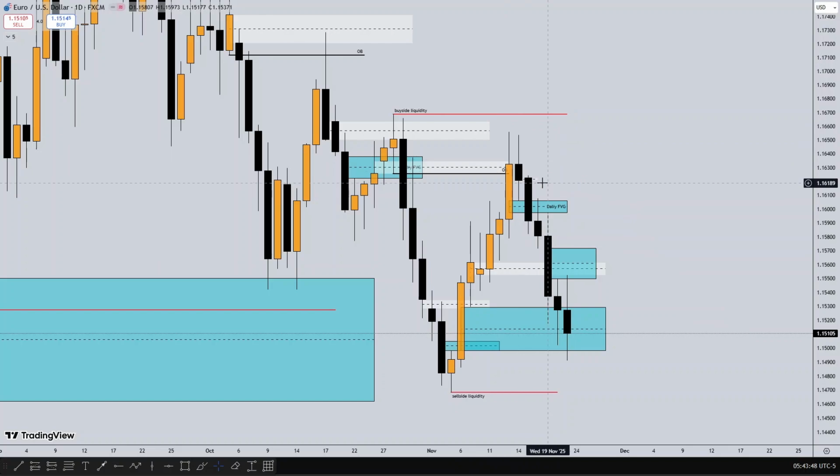But at the same time, I told you guys that if the dollar were to show higher prices, showing that price would trade higher, if there's a chance on the dollar index that price is trading higher, and on Euro USD price trades below the daily fair value gap, I will be anticipating lower prices for price to fill in this daily fair value gap, and my overall target is for price to run the sell side liquidity.